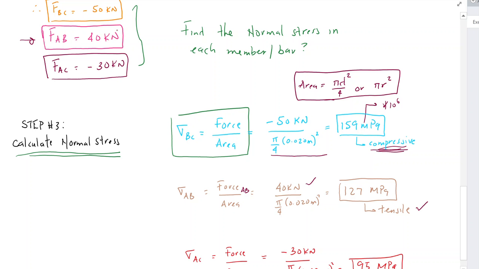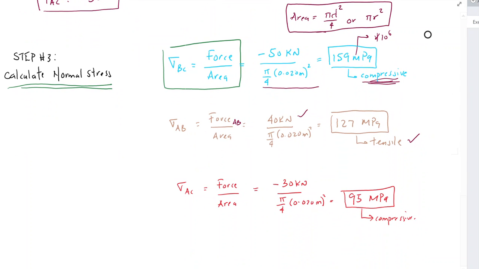And then the last one will be the normal stress at AC, which is force over area, and that was a compression of 30 kilonewtons over the area, and that's 75 megapascal compression.